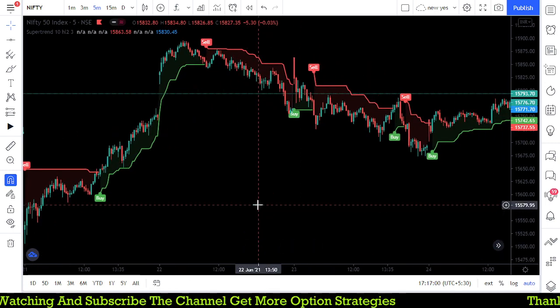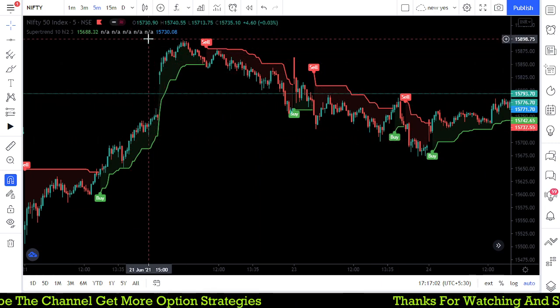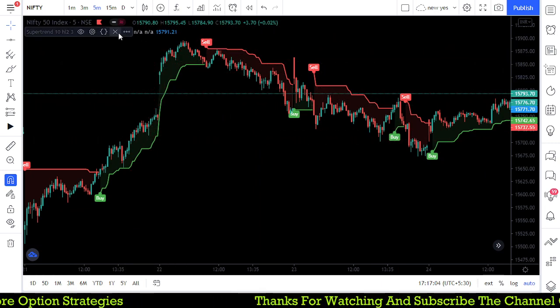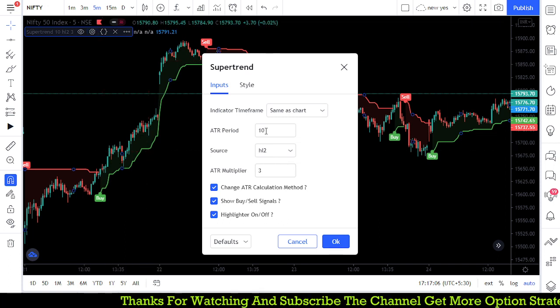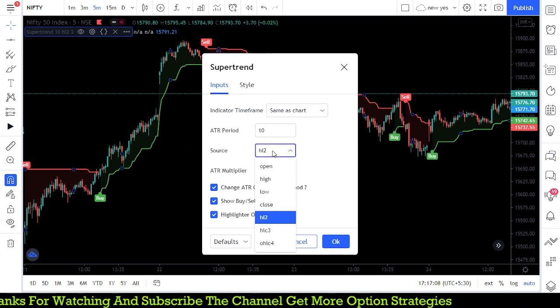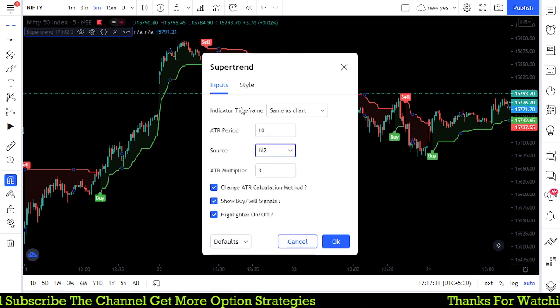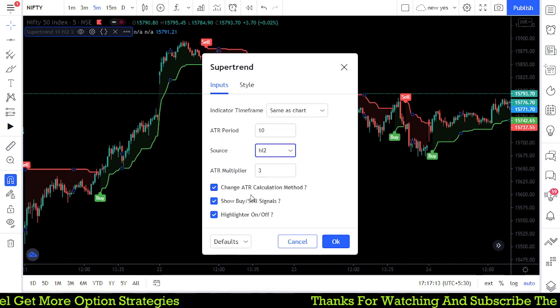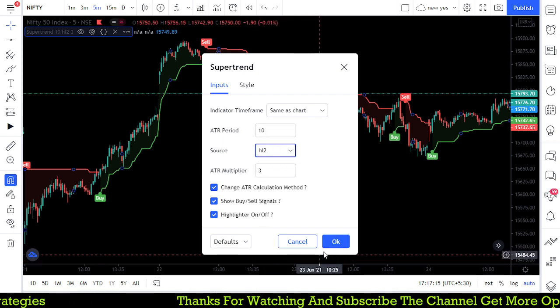Let me show you. This is the Super Trend with the default parameters of 10 and 3. Here we are using the high-low divided by 2 as the source. The ATR period is 10 and the ATR multiplier is 3.